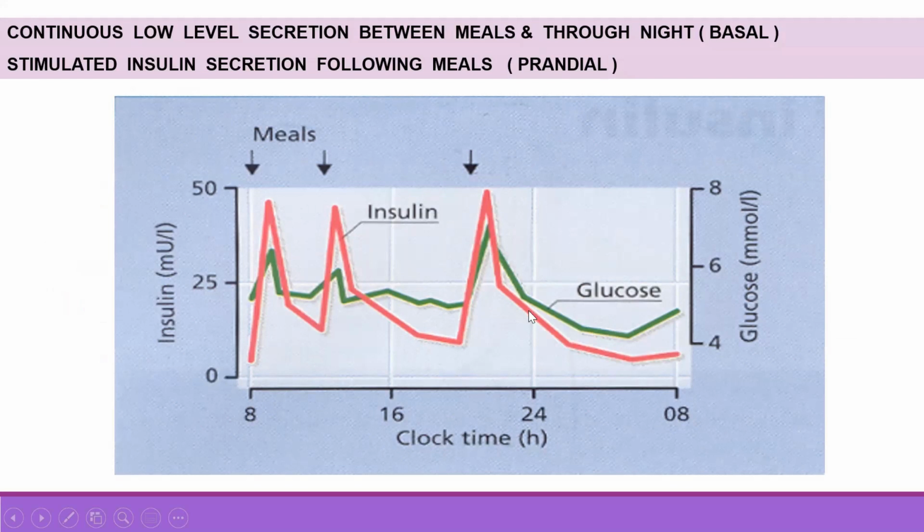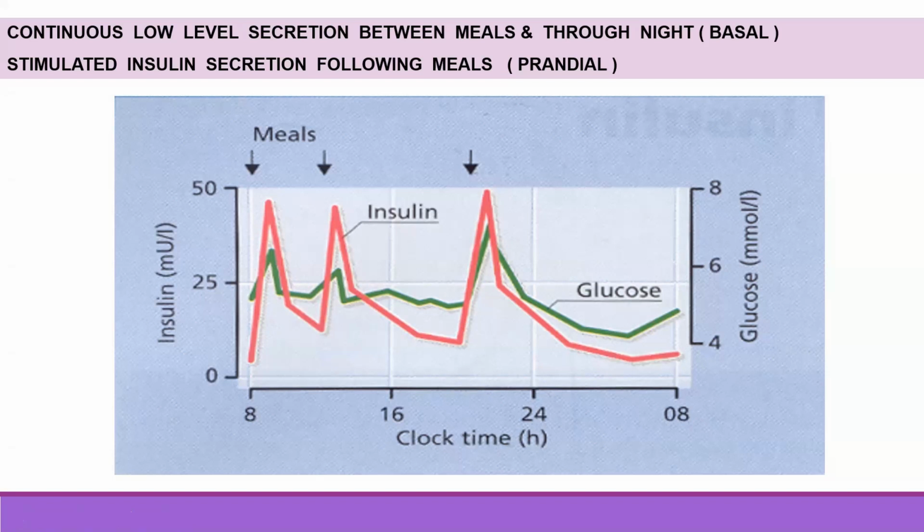Conventionally, we take a breakfast and blood glucose level tends to go up, and then we take the lunch, then blood sugar again tends to go up, and then we take the dinner, and then blood sugar again tends to go up. With each rise in glucose level in the blood, there is a rise in the insulin secretion to maintain a normal glucose homeostasis in the body.